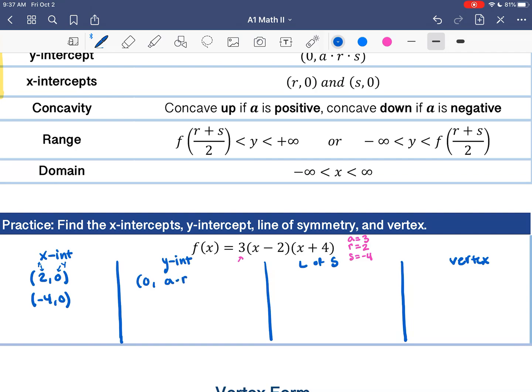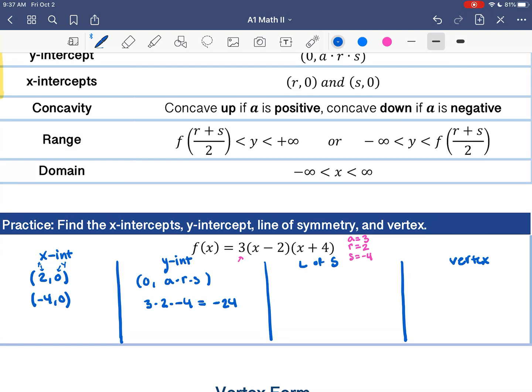0, and then for the y, we multiply a times r times s. Seems pretty easy. Let's just multiply our a value times our r value, times our s value. So like just all 3 of the variables we're having are the coefficients. 3 times 2 times -4 makes -24.